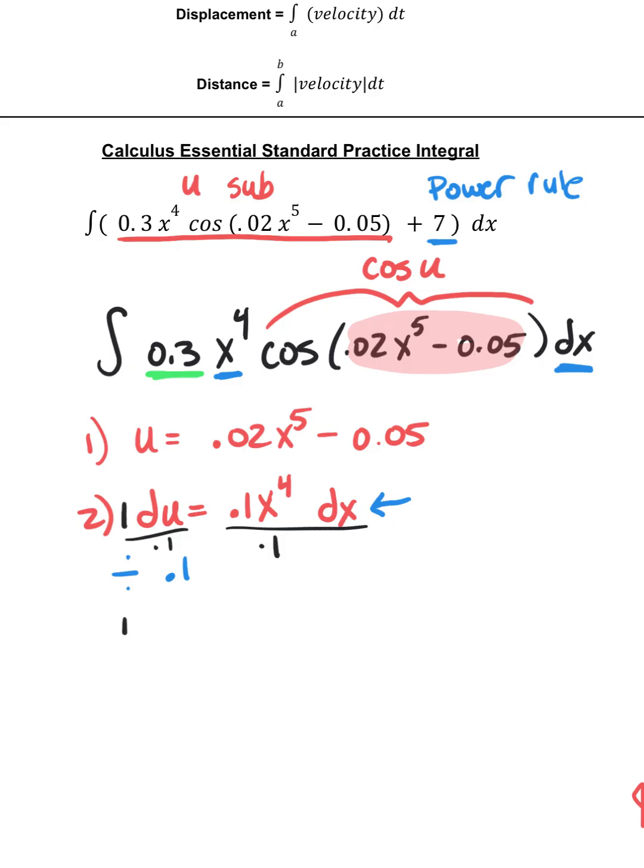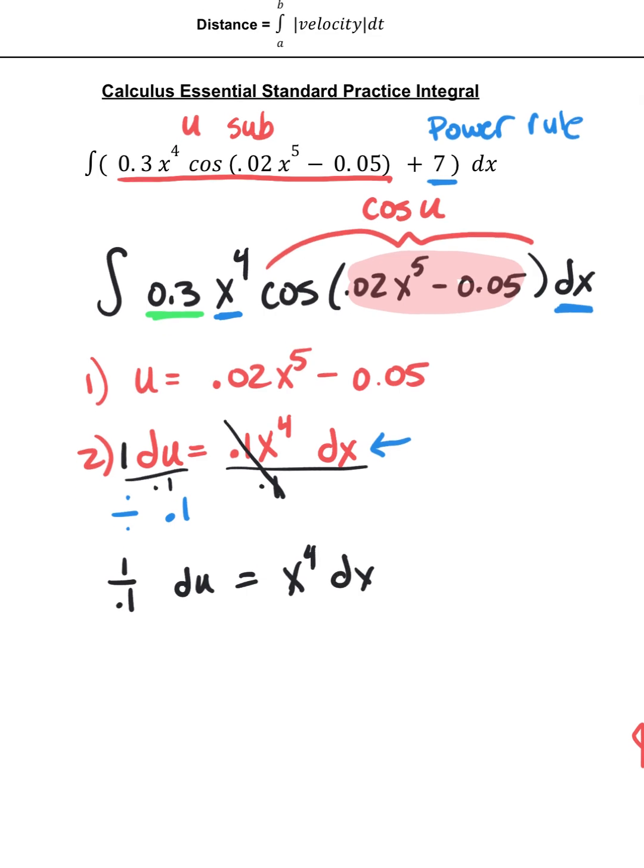So that becomes 1 over 0.1 du. Here the 0.1's cancel, and I have x to the fourth dx. Now finally, I want to simplify this because I don't want a decimal in a fraction. So 1 divided by 0.1 gives me a nice easy number. 10 du is equal to x to the fourth dx.